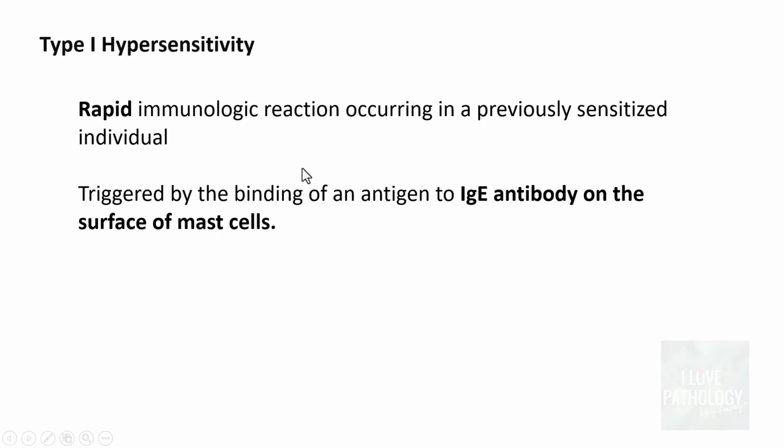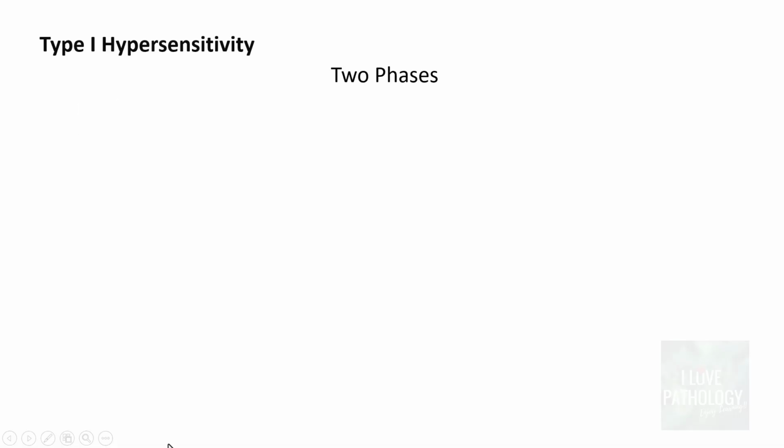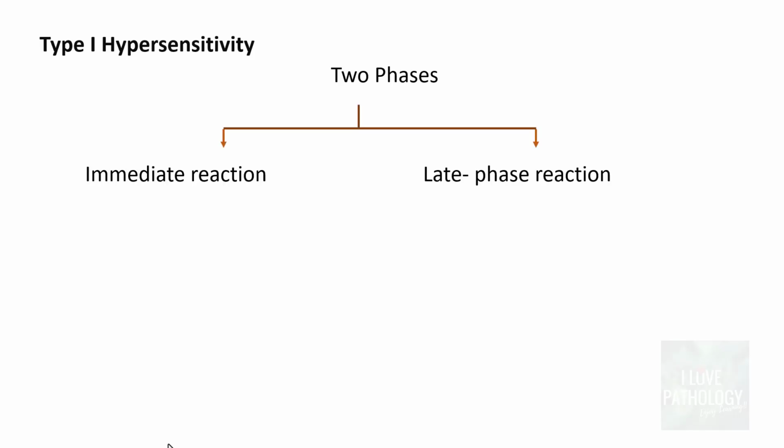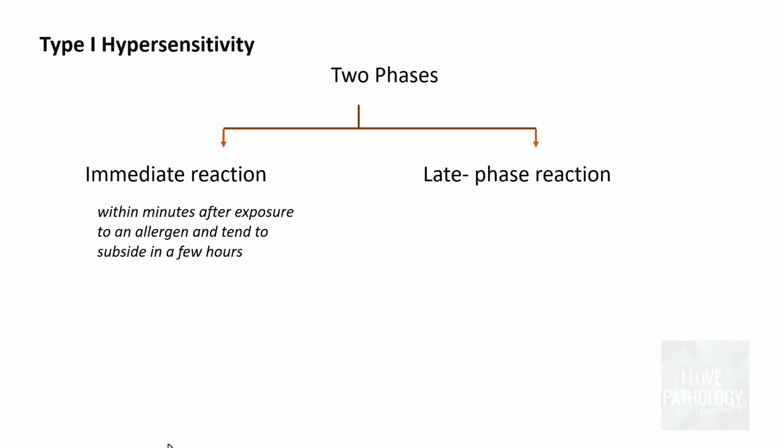The effector cell in this immediate hypersensitivity, or type 1 hypersensitivity, is the mast cell. This is often called allergy, as we studied earlier, and the antigens which are implicated are known as allergens. The type 1 hypersensitivity reaction occurs in two phases. One is the immediate reaction, and the second one is the late phase reaction.